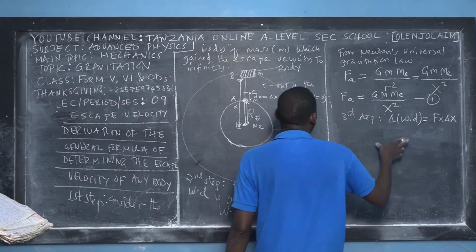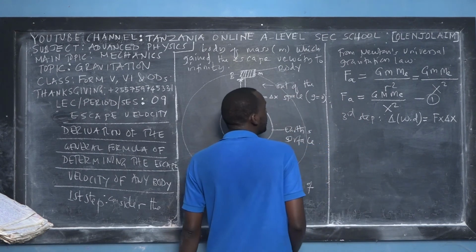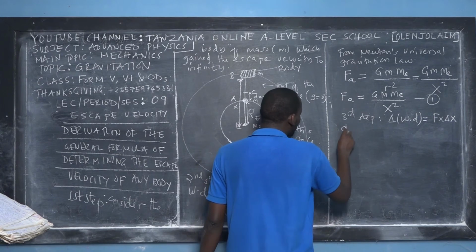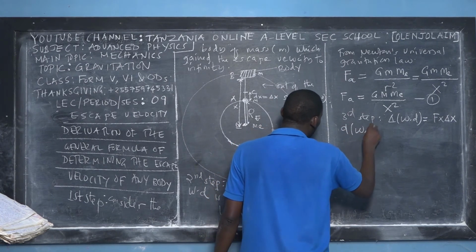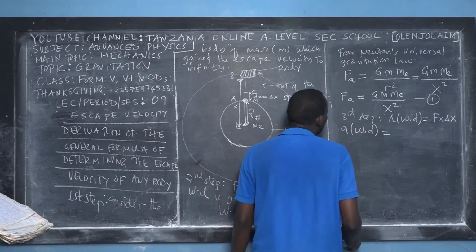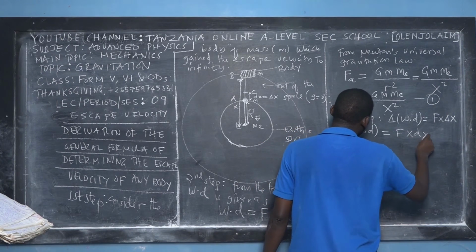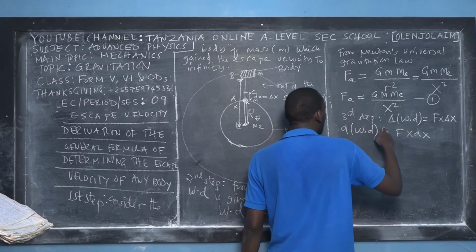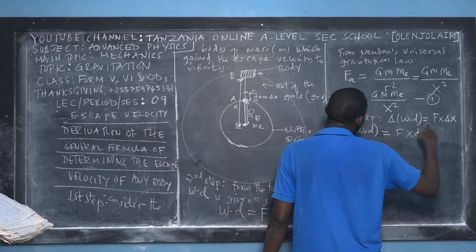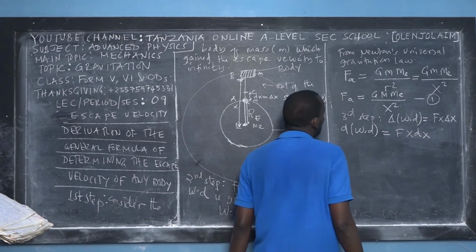So this is the small amount of work done. We can think of the work done as force times dx. I just use the notation of derivative. This is change and this is change.